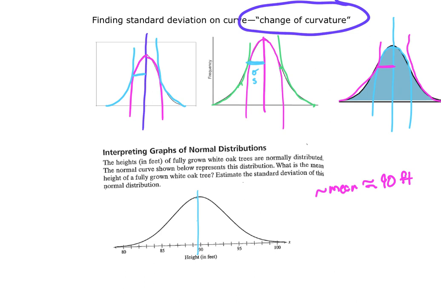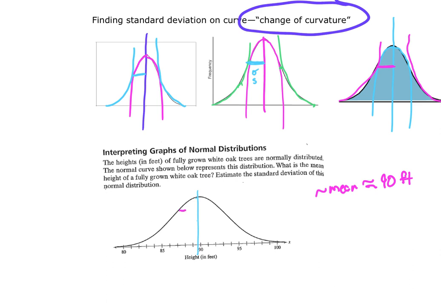But then it's asking, estimate what the standard deviation is. So try to draw in your change of curvature there and figure out what's the distance there. How many feet is the standard deviation? What would you say, approximately? It's not 5. It's less than 5. I would say it's actually closer to 3.